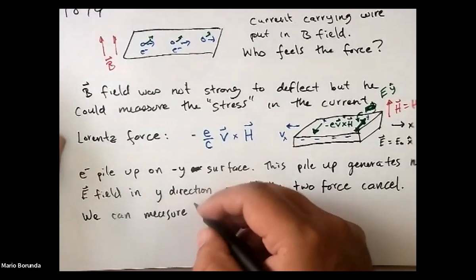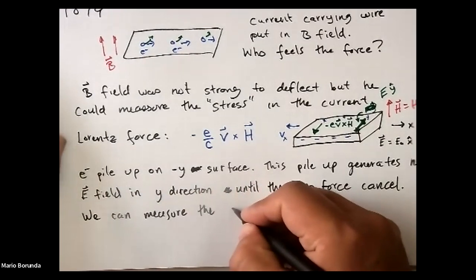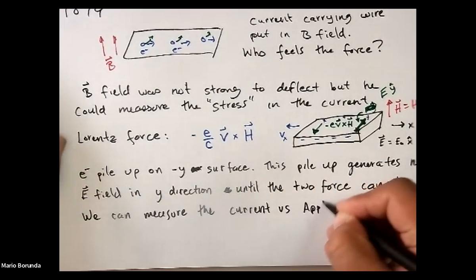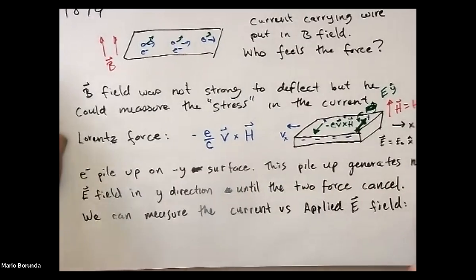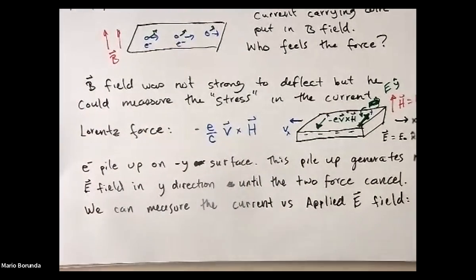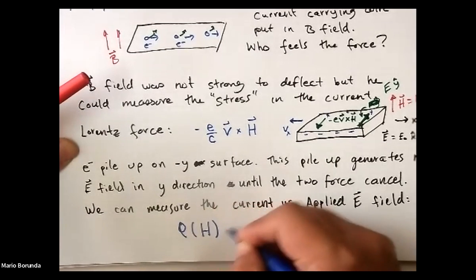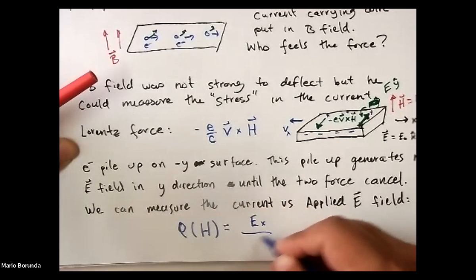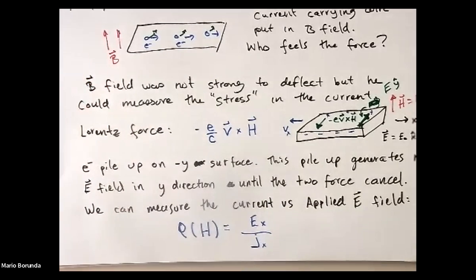All right, so then we can look at, in this case, we can measure the current versus applied E field. And if we do that, we will be looking at this quantity as a function of the magnetic field, the field in the x direction divided by the current in the x direction.